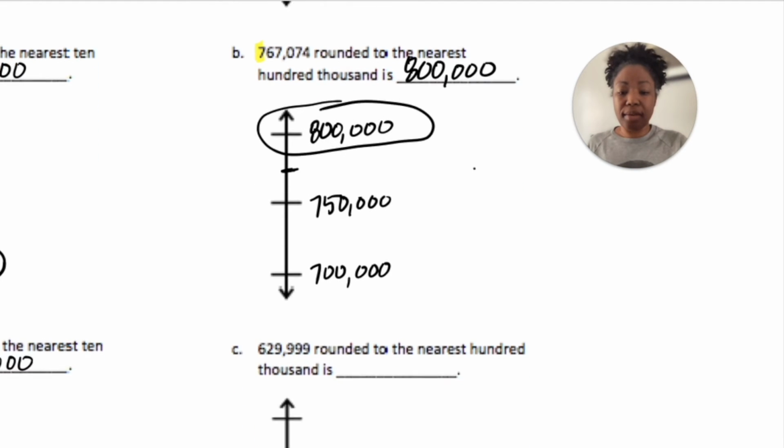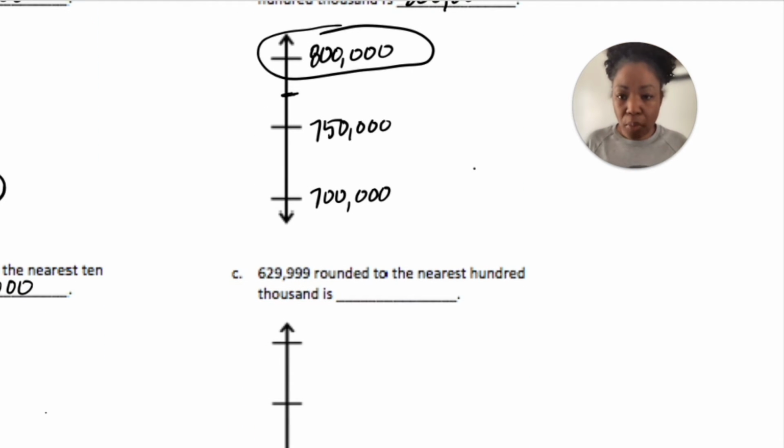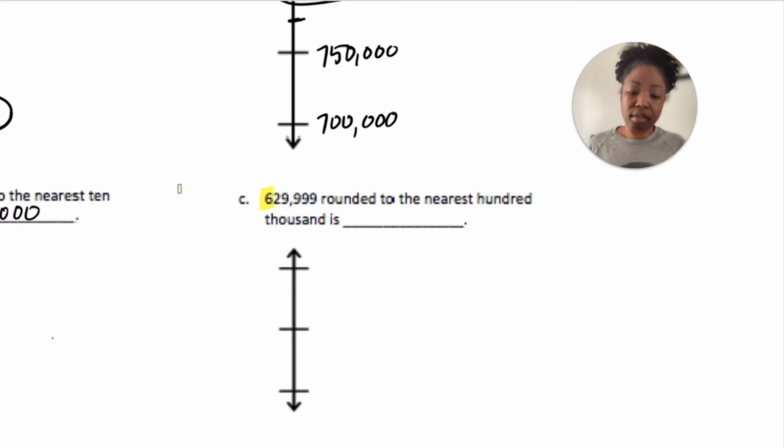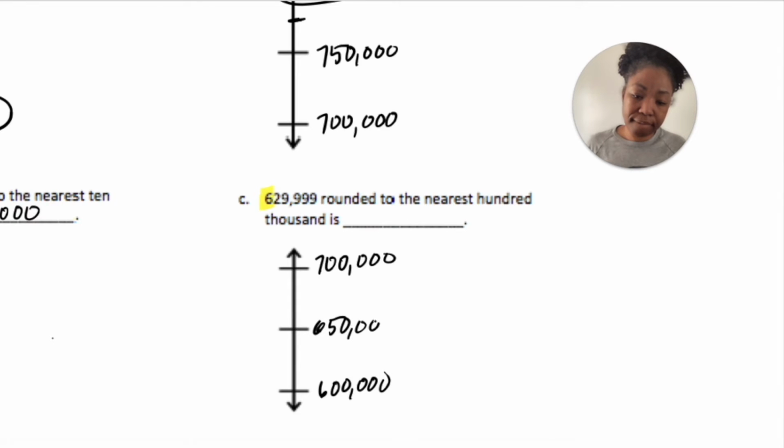For C, we have 600,000. One more would be 700,000. Halfway would be 650,000. This is 620,000. That's less than halfway. So we round down to 600,000.